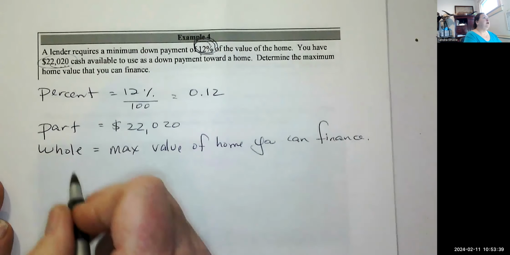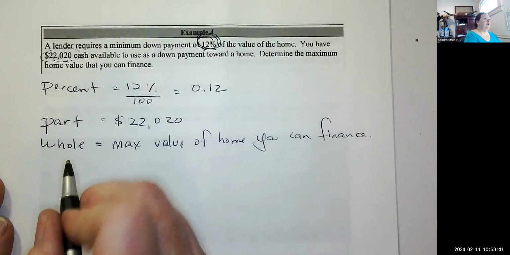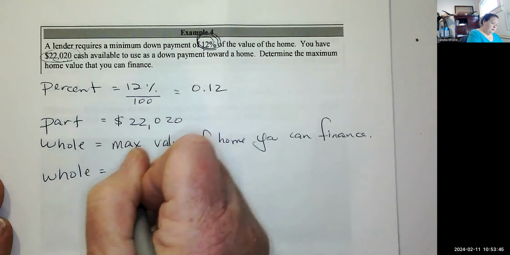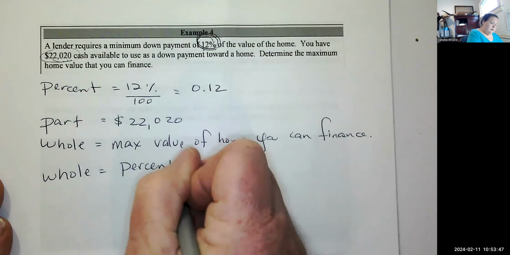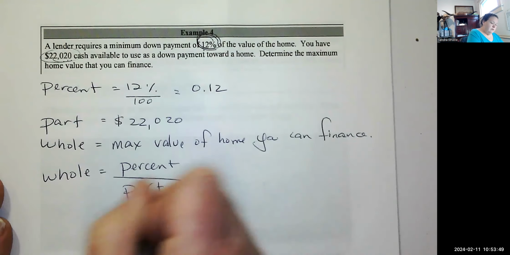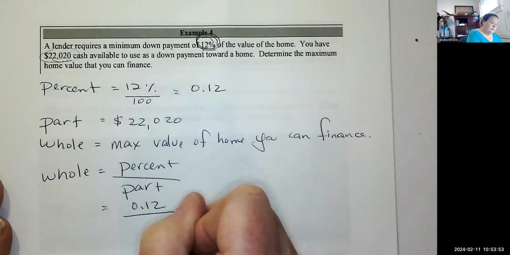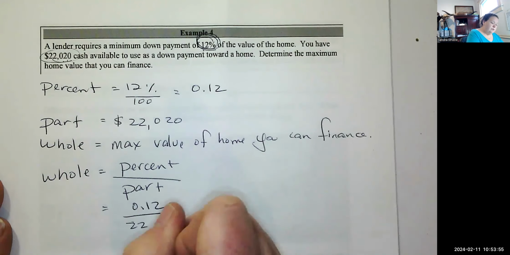I gave you a formula earlier that the whole is equal to percent divided by part. Percent is 0.12 divided by part, which is 22,020.